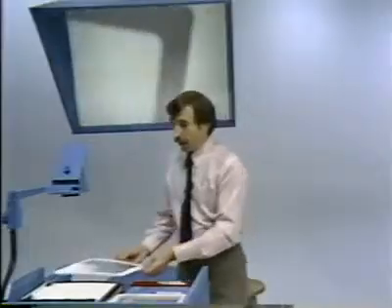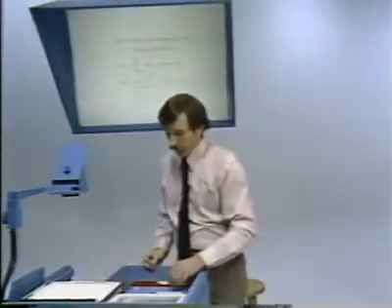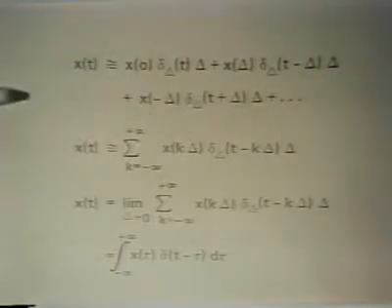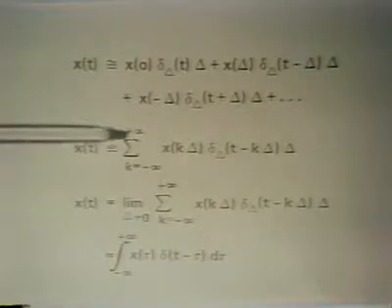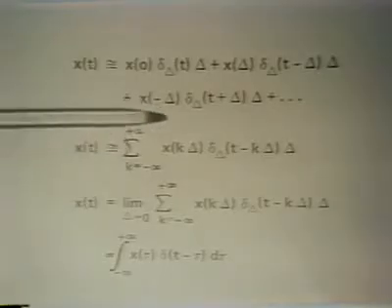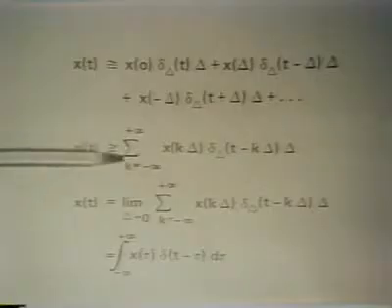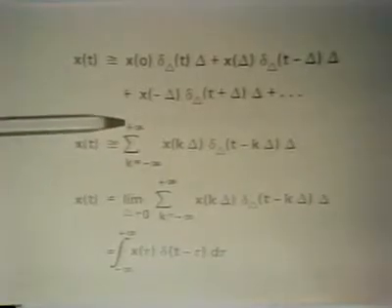When we have that linear combination, then we're saying that x of t can be represented by a sum as I indicate here, which I can then write more generally in this form, just indicating that this is an infinite sum.